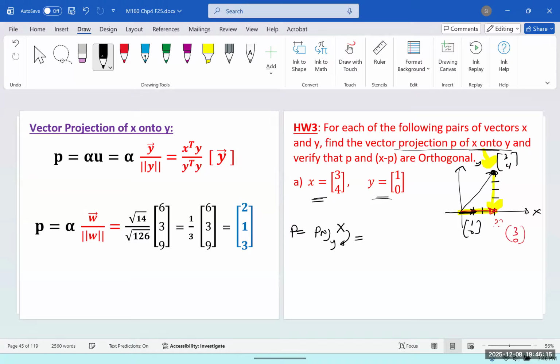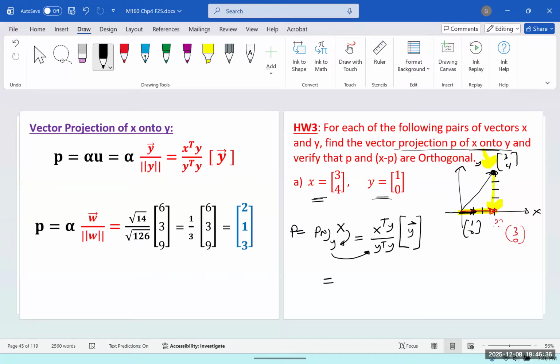So the formula is x transpose y divided by y transpose y. We are projecting onto y, so it has to go on the bottom. Also, we are going to multiply by the y vector.